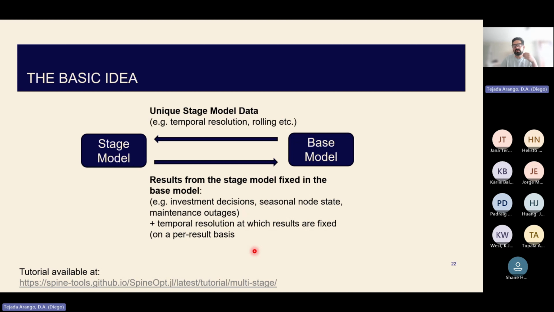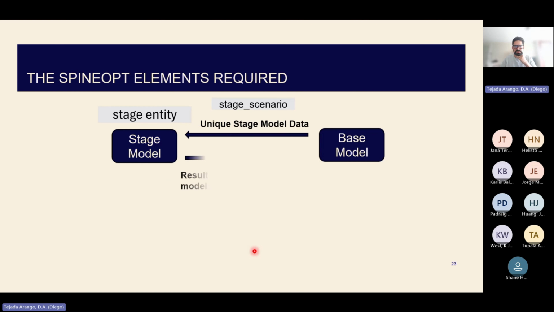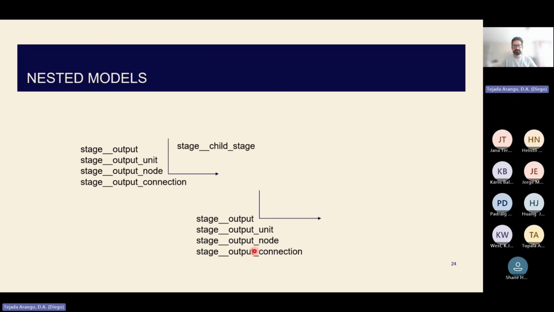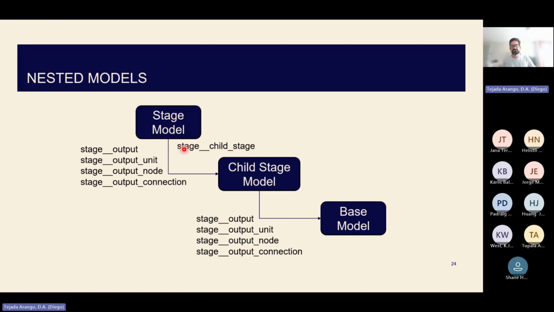You can do that through the Spine Toolbox if you want to, but then you need to handle the inputs and the outputs from one model to the other, and that can be a little bit cumbersome. So this is basically making it easier for the users. In one database, in one structure, you can do this cascade of linking different versions of the model. I don't want to go into more detail, as I said, there is a webinar specific to this topic next week. This is just for you to have an idea of how it works.